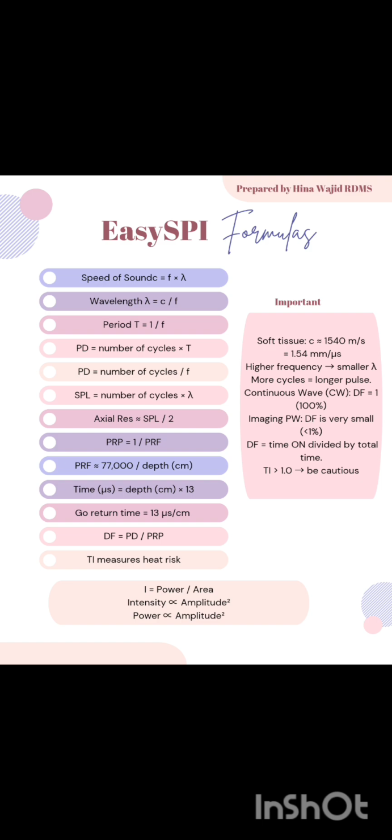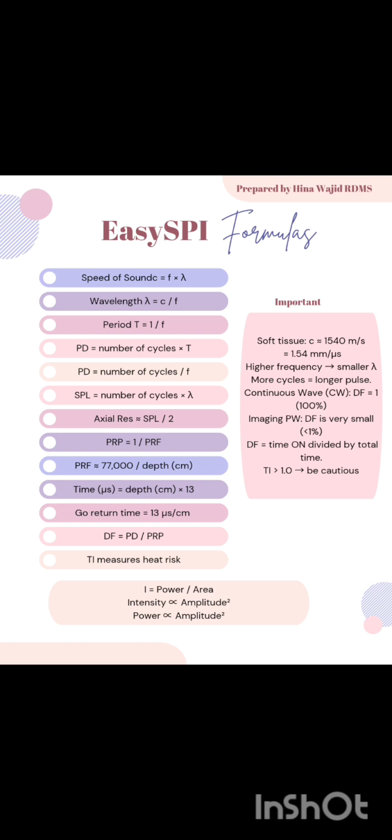And if we want to calculate the total time, then it's depth multiply 13. Okay, so if depth is 10 centimeter, total time will be 13 multiplied 10, 130 microsecond. If the depth is 20 centimeter, total time will be 13 multiplied 20, 260 microsecond.